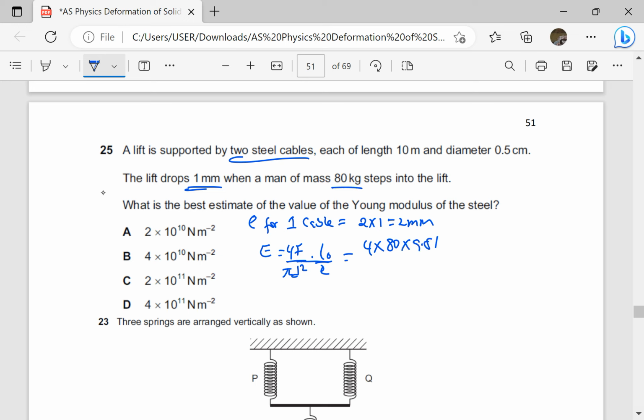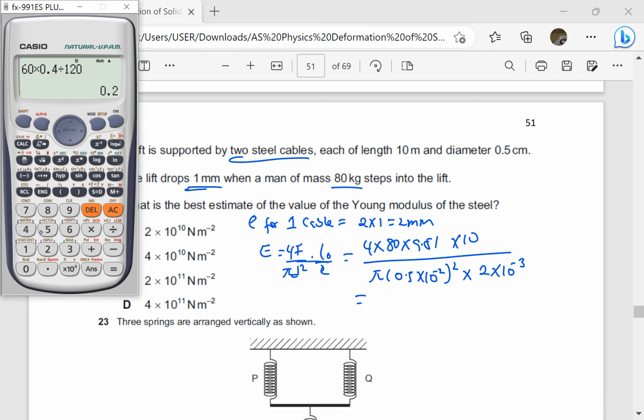So the Young modulus is going to be 4 times the load, which is 80 times 9.81, because they gave us only the mass, then times the original length, which is times 10, divided by pi. The diameter is 0.5, so I've said 0.5 times 10 power negative 2, but this is squared, times the extension for 1, which is 2 times 10 power negative 3.